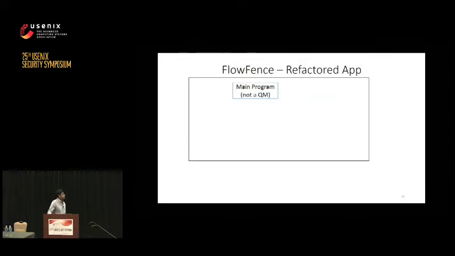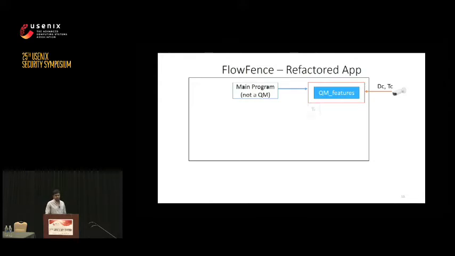In the refactored app, we have a main program that is not a QM, and it again calls a module to compute features, but this is a quarantine module running in one of our sandboxes. This module will access sensitive data. In this case, DC refers to the data of the camera, and since all data is taint labeled, TC is the taint label of that camera data.